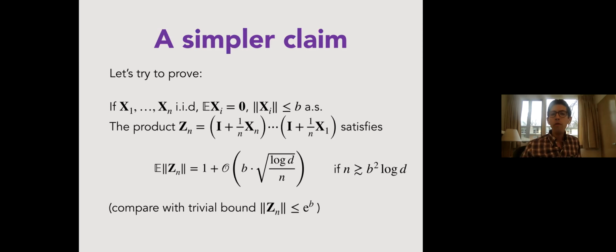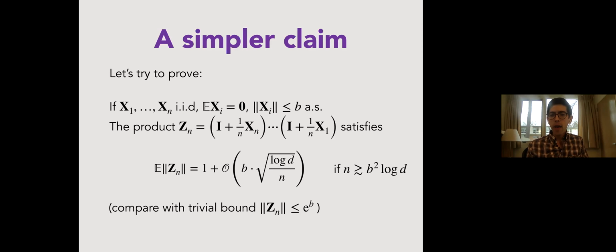So let's try to prove the following thing: if I have a bunch of IID matrices that are centered, that is, whose expectation is 0, and whose norm is bounded by B almost surely, then the norm of the product scales like 1 plus big O of B times root log D over N. So in other words, the norm is 1 with a deviation that scales exactly like the object that we saw earlier, B times root log D over N.